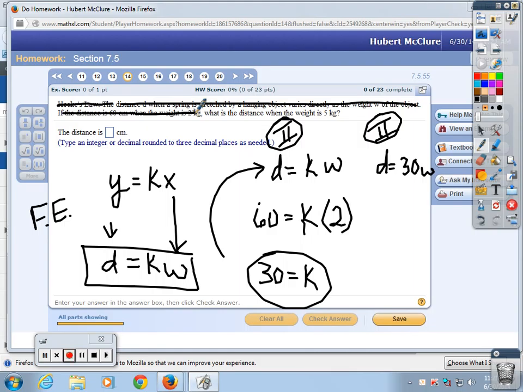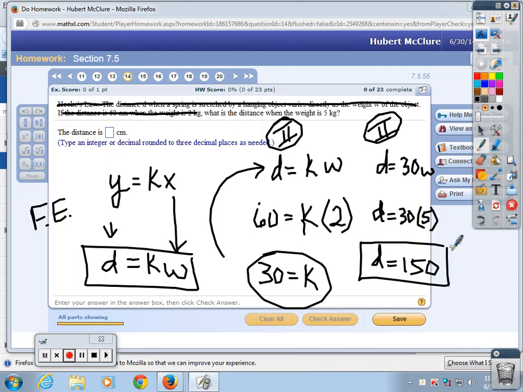Now what? You get from 5 to 2. D is equal to 30 times 5, which is 150. And that's how you do these problems. The first couple of problems you're going to have on homework is just finding K, and they're going to ask you for the equation.